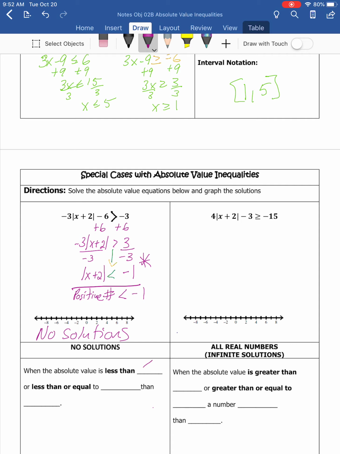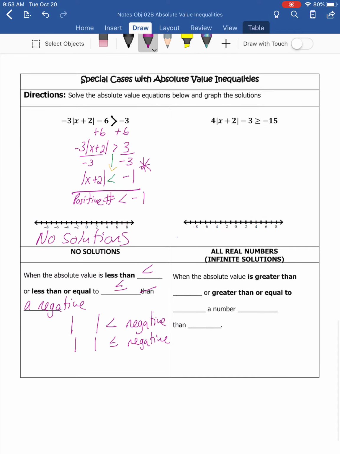So when the absolute value is less than or equal to a negative, okay, if you have your absolute value and it's less than a negative, or you have your absolute value and it's less than or equal to a negative, that's going to be no solutions. Okay, so that's less than or equal to.